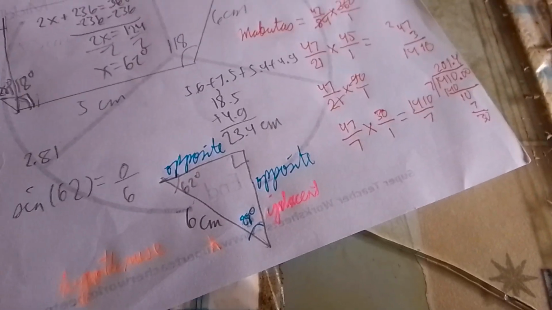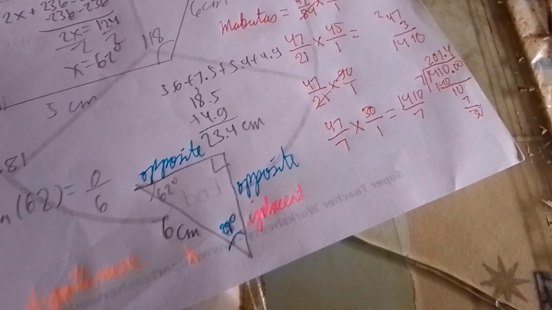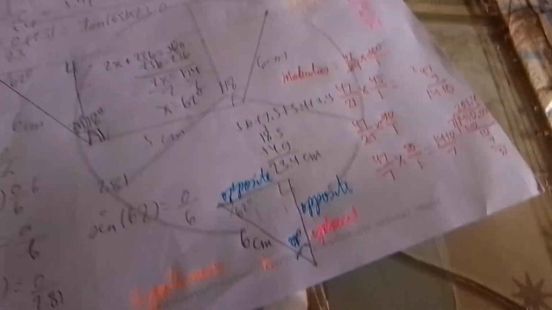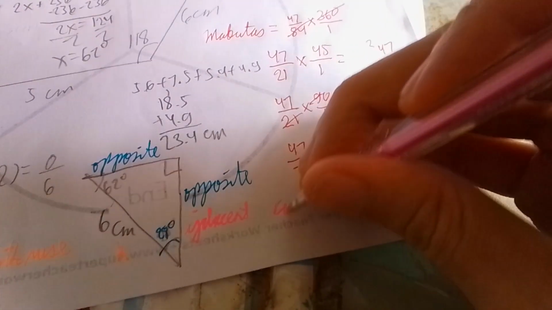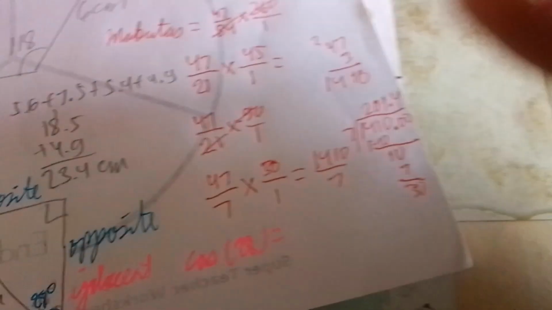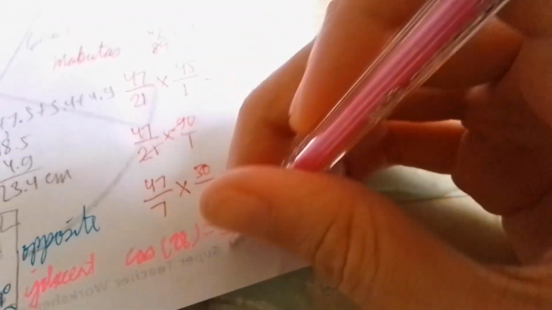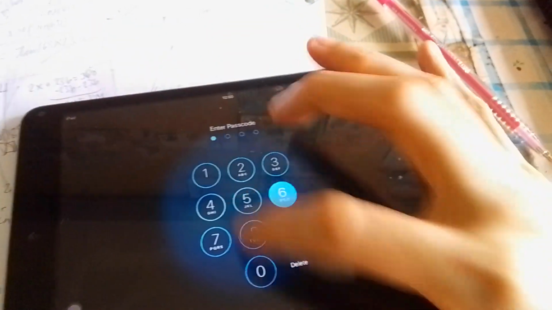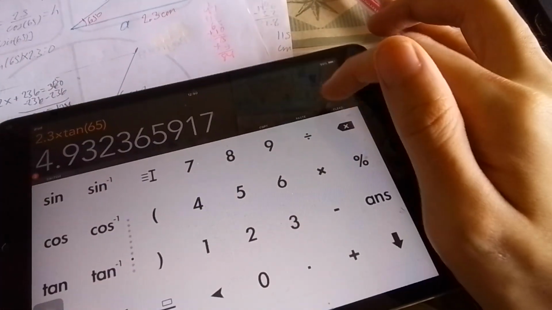So let's try the 28 degrees. Let's solve for the adjacent first. To solve for the adjacent, we use the cosine. So therefore, it goes like this. The cosine of 28 is equivalent to adjacent over the hypotenuse, which is 6. Tama? Now, put this in our calculator. Remember ang ginawa namin?